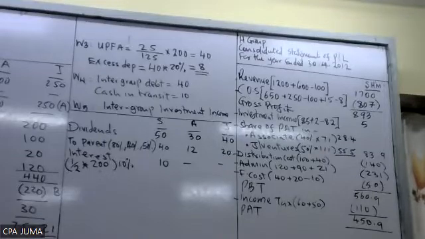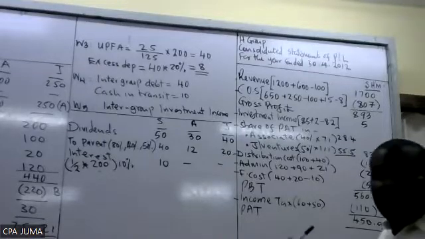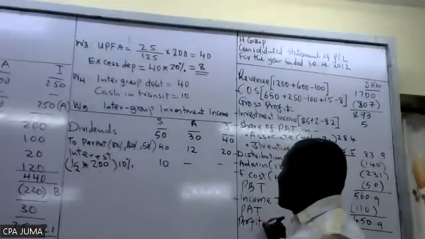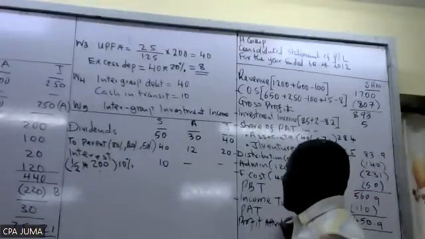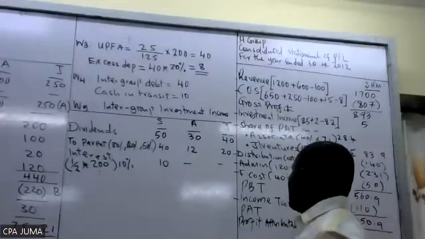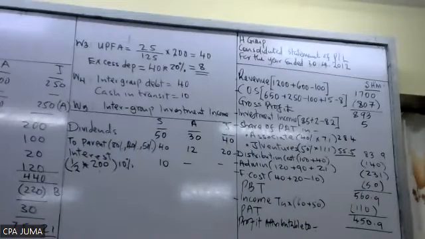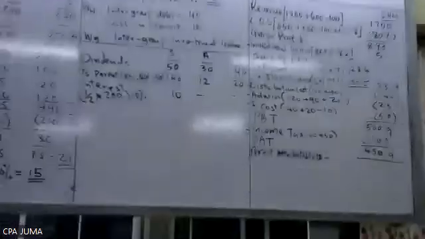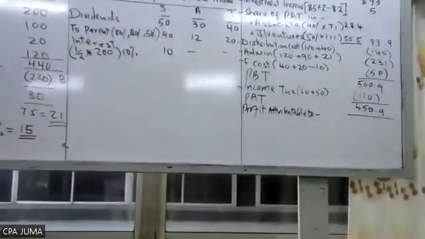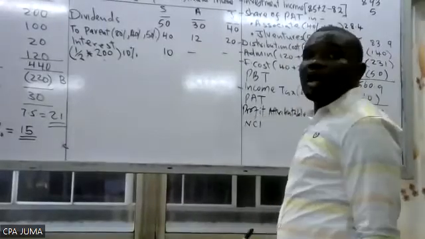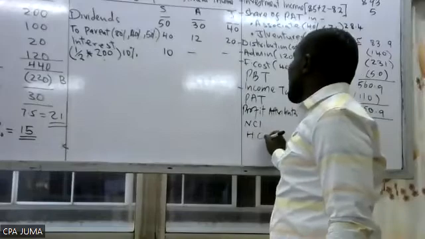All right, so down there you say profit attributable to owners, NCI, and also holding company.